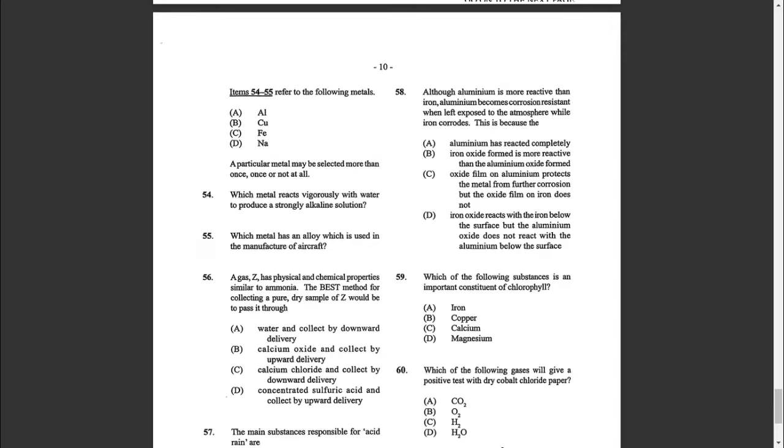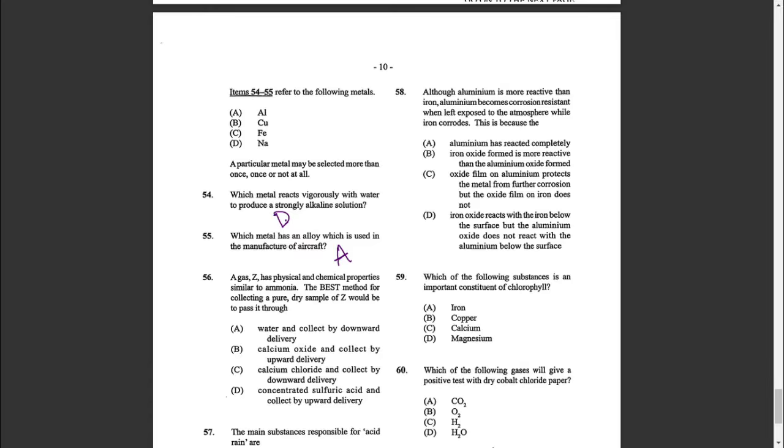A particular metal may be selected more than once or not at all. Which metal reacts vigorously with water to produce a strongly alkaline solution? And that's sodium, which is D. 55. Which metal has an alloy which is used in the manufacture of aircraft? And that's aluminum. 55 is A.